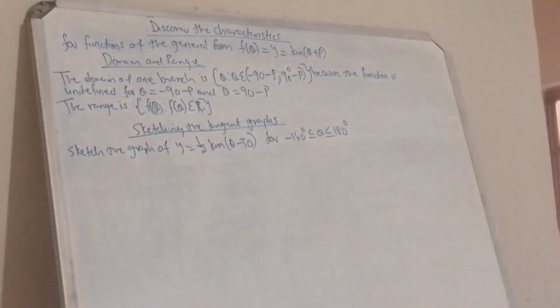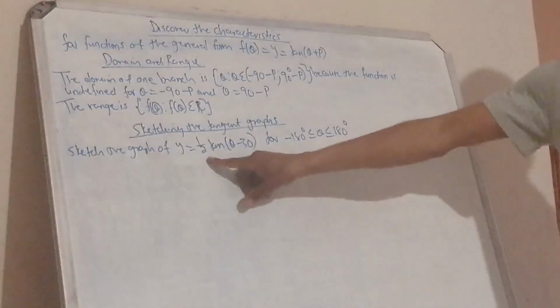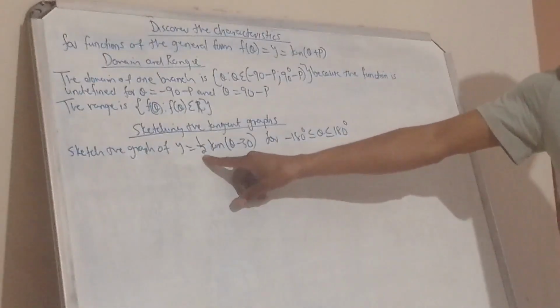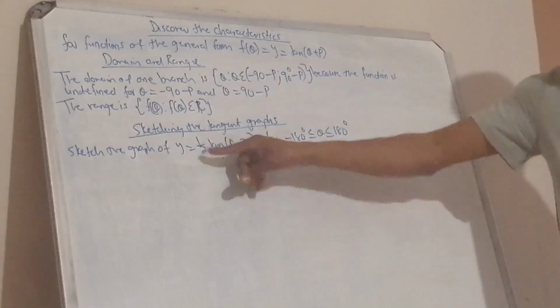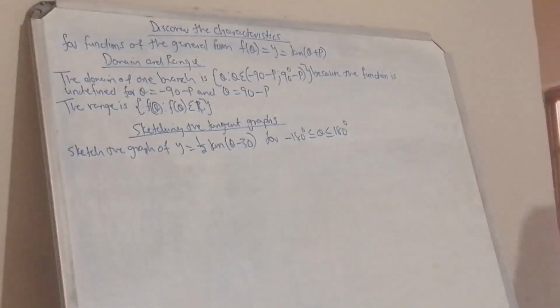I think you understand this. We know the effect of A: up and down, it's a vertical translation, and then that one is a horizontal translation. We know the effect of A, whether the period increases or decreases.